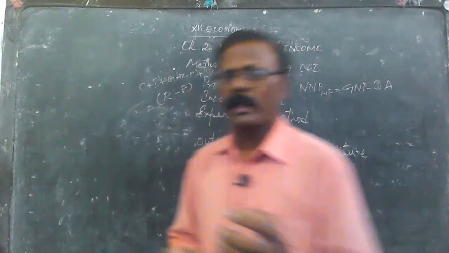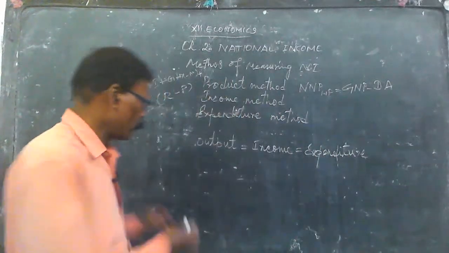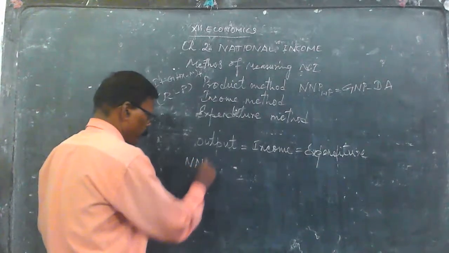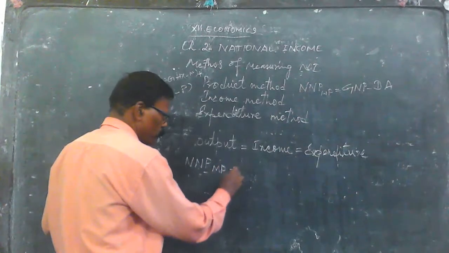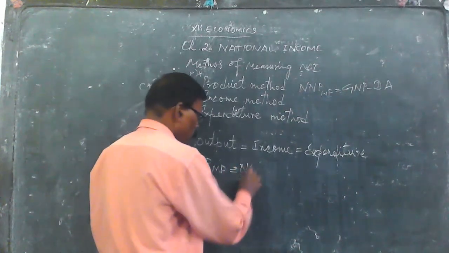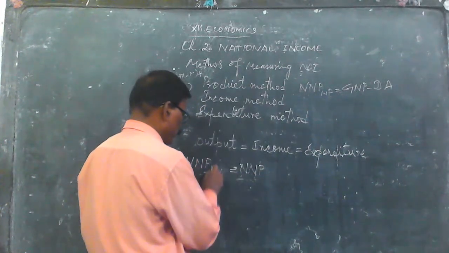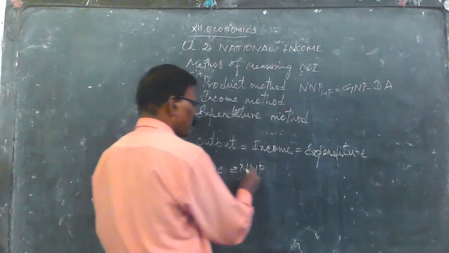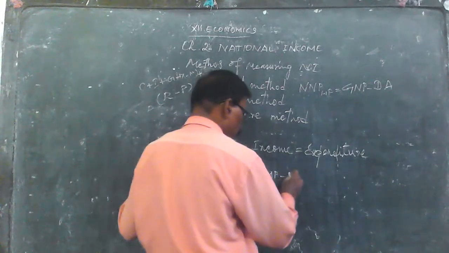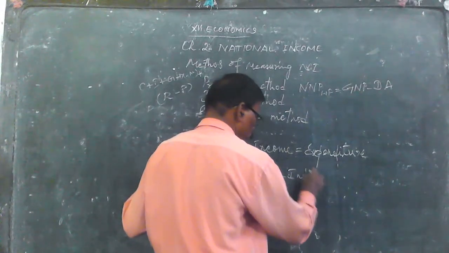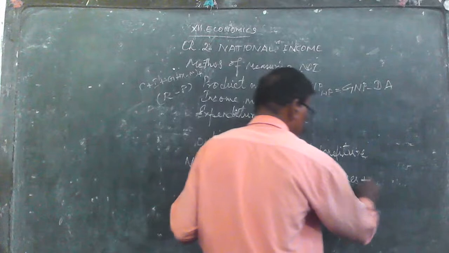So symbolically, this can be understood in this manner. That is, NNP at factor cost is equal to NNP at market price minus indirect taxes plus subsidy.